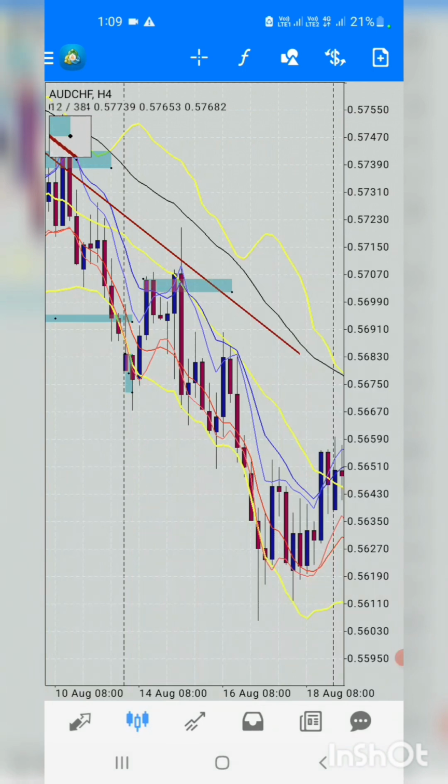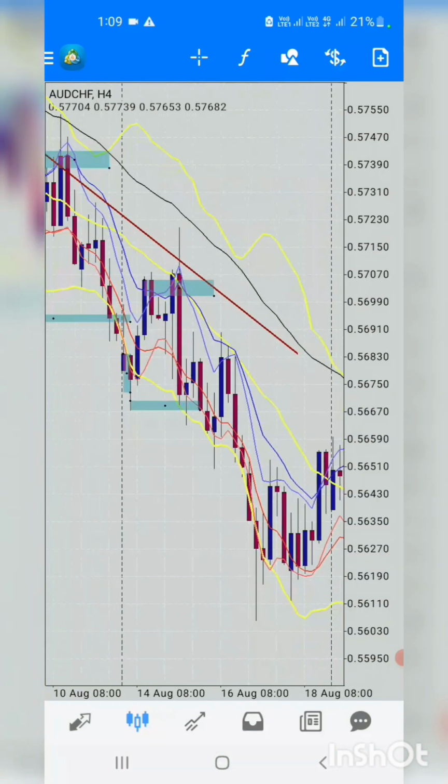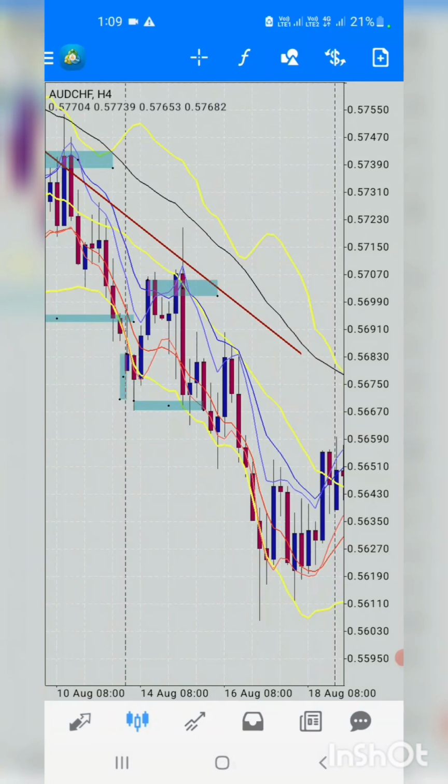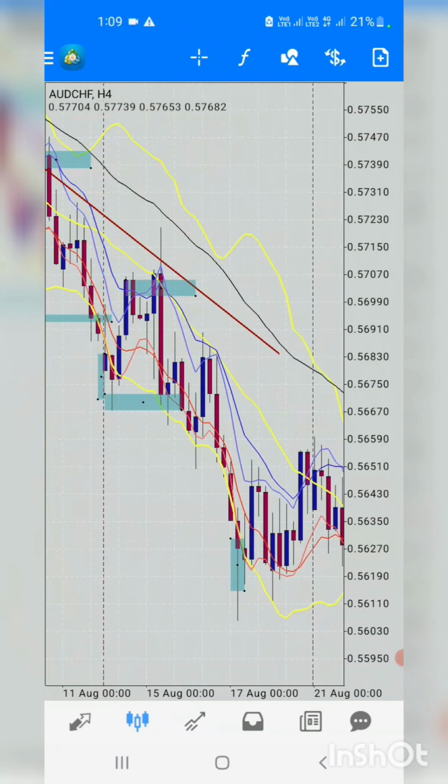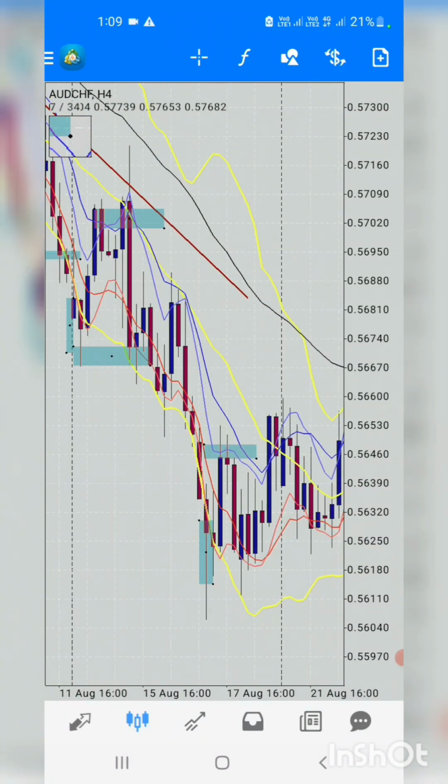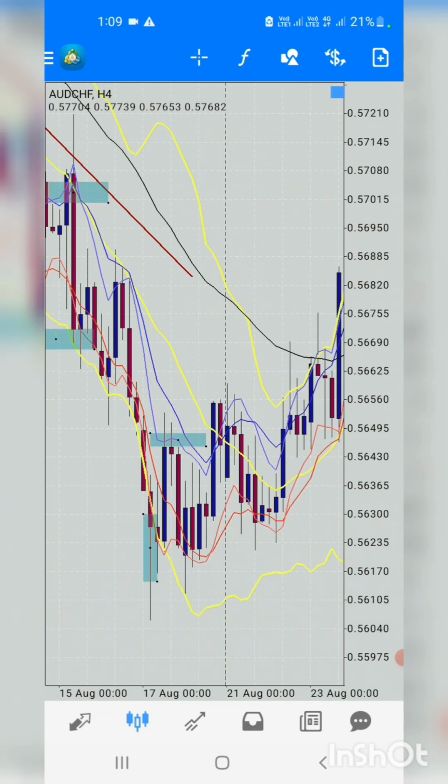Here another re-entry at moving average 5, 10 high and take profit area at the previous low like this. Here we have another example, price has crossed the low BB and then we have a re-entry at moving average 5, 10 high and take profit area will be the previous low like this.